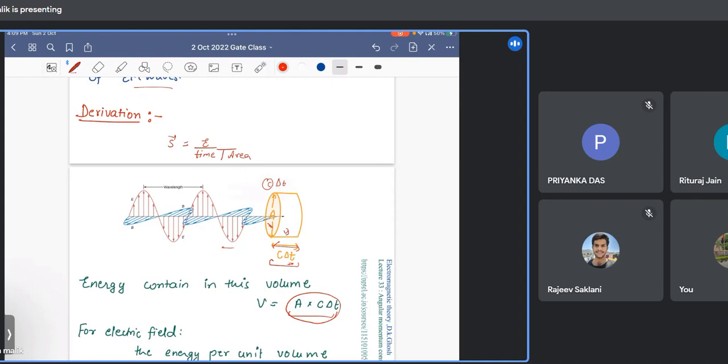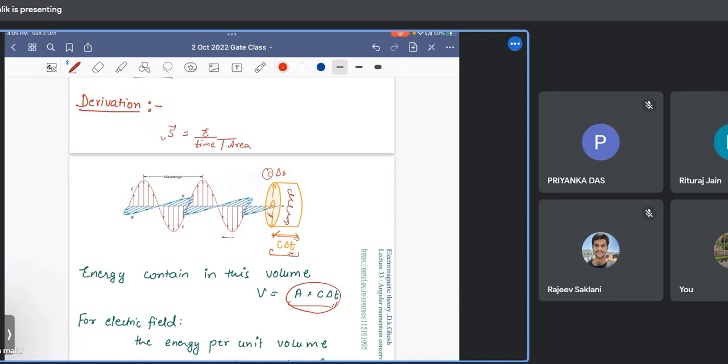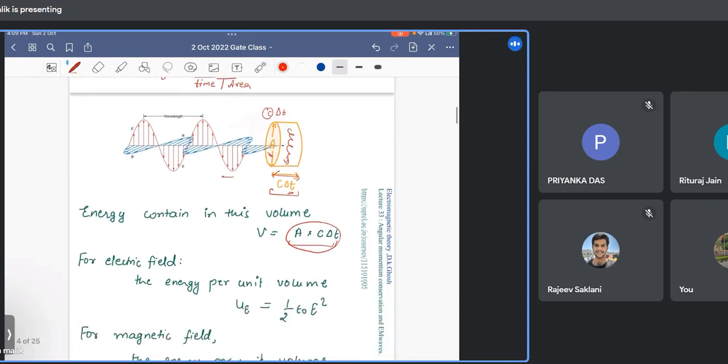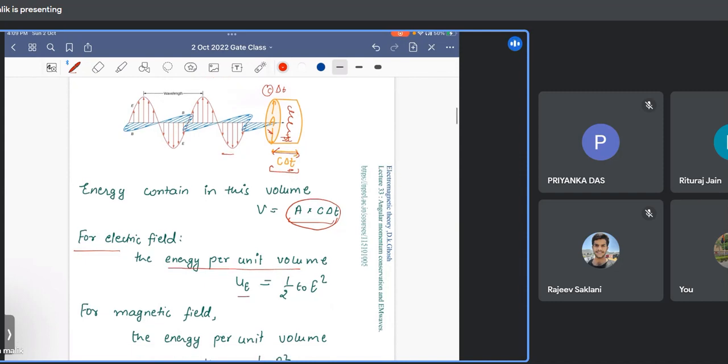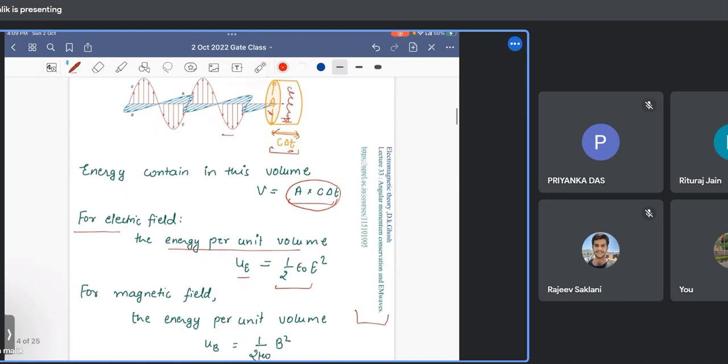If we are able to find how much energy is there within this volume, we can determine our Poynting vector. So we want to know the energy within this volume. For the electric field, the energy per unit volume is given by the expression 1 by 2 epsilon naught E square. The derivation of it is available in the NPTEL lecture.